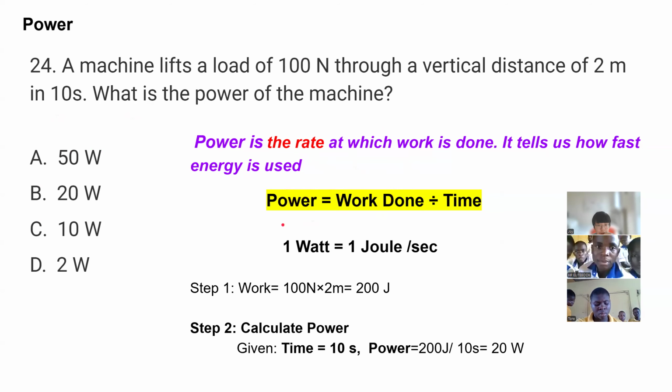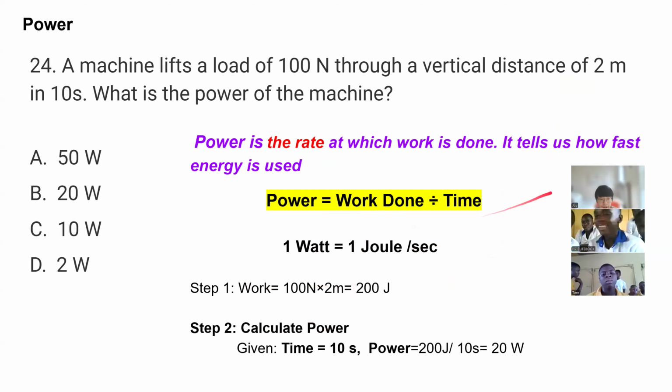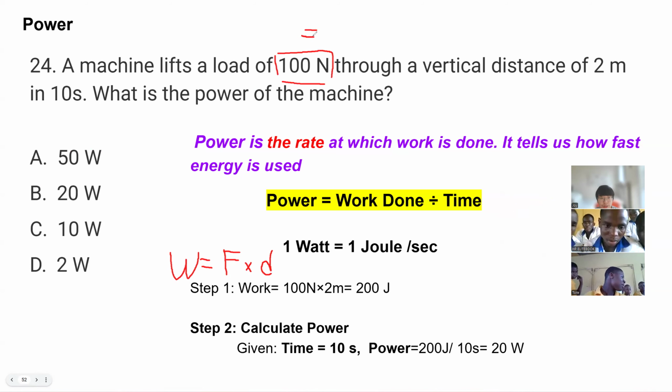So power is given by work over time. Work here can be calculated. Remember, work is done by force times distance. 100 is the force, times the distance of 2 meters.